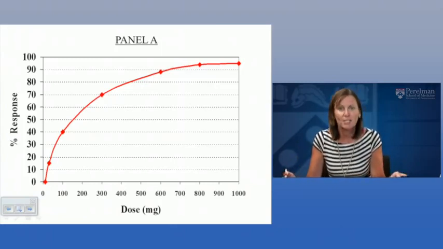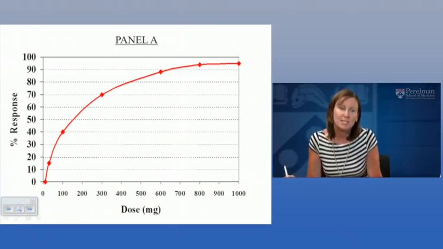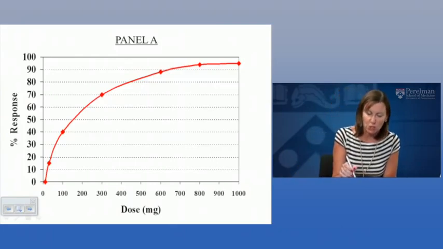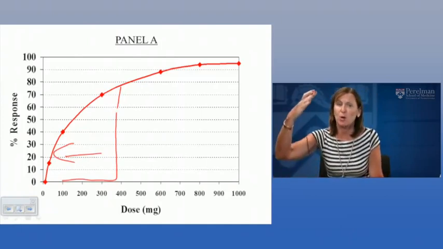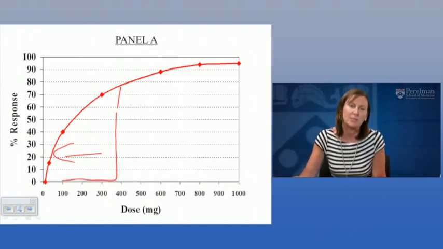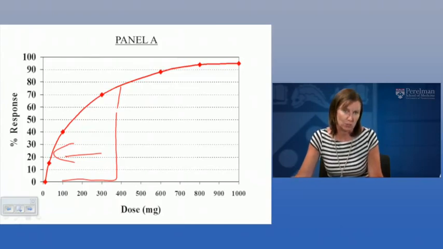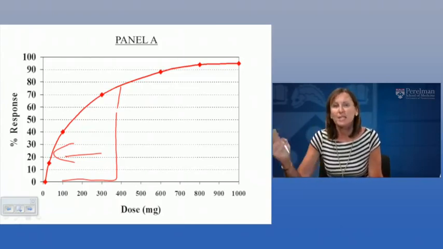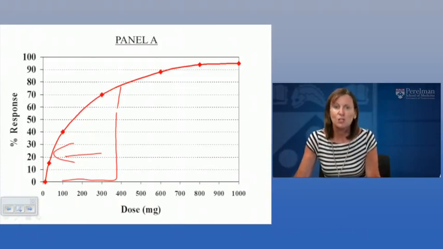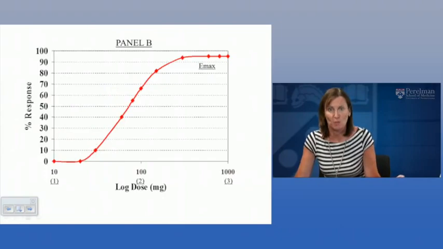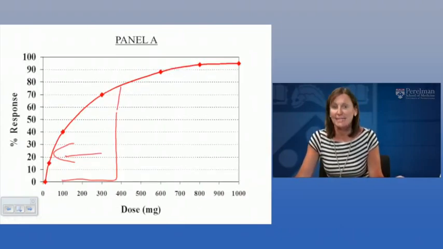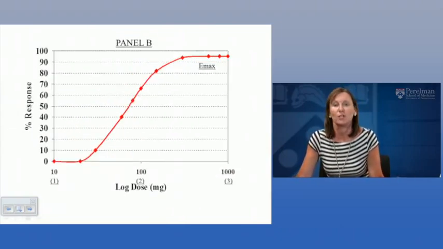There's no flat part in the curve, and we appreciate that there's much greater change in the earlier parts of the curve than in the latter parts. The steepest part of the dose-response curve is typically seen at the beginning. So for these two reasons, we convert these hyperbolic curves into more manageable curves. So we always talk about the log dose-response curve. This is that exact same curve converted.